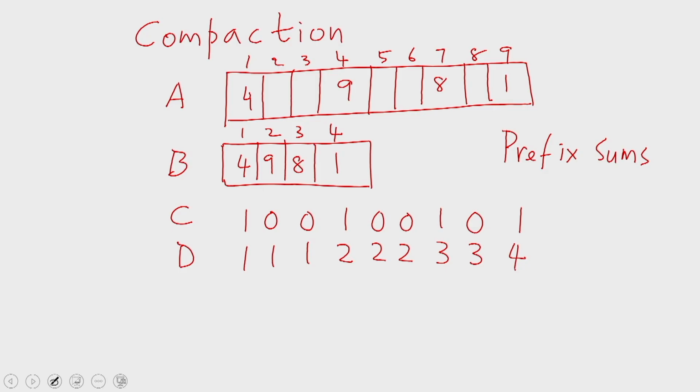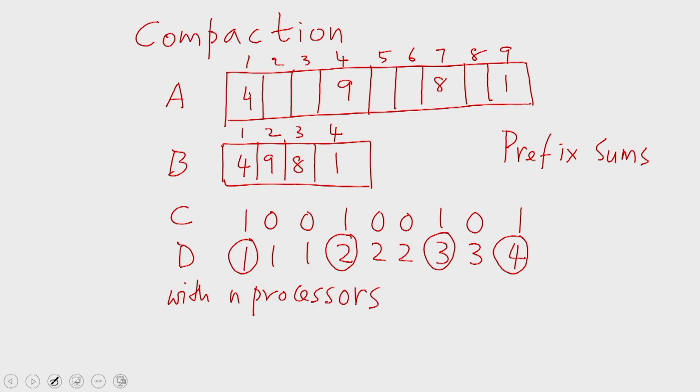Now, out of D, let us consider only those elements at which C has a 1. So, this element has a 1 in C, this element also has a 1 in C, this element also has a 1 in C, and this element also has a 1 in C. So, let us say we have n processors. Let us assume one processor occupies each single position of D. If a processor is qualified, the qualified nodes have been circled here.